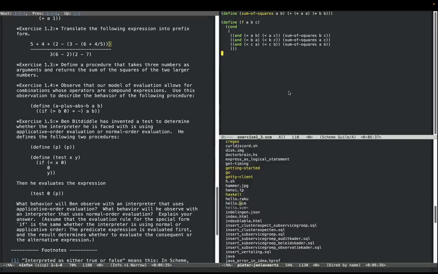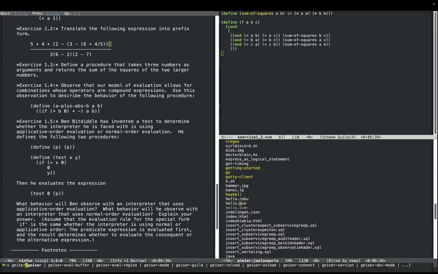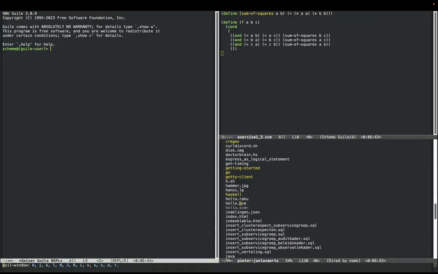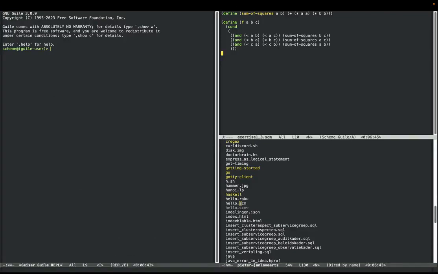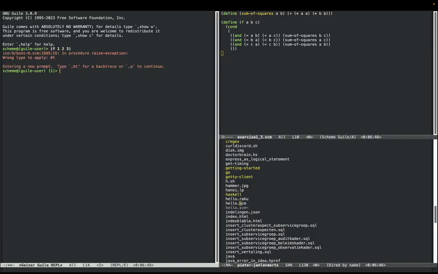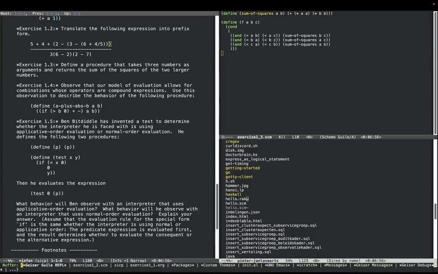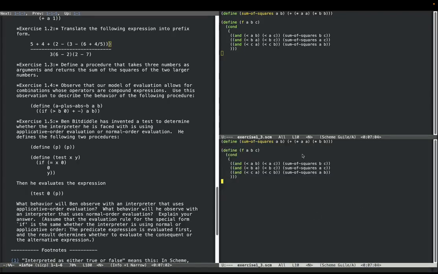Okay. Geyser. And let's try f of 1, 2, 3. What? Okay. I don't know what that is. Wrong type to apply, it said, right?